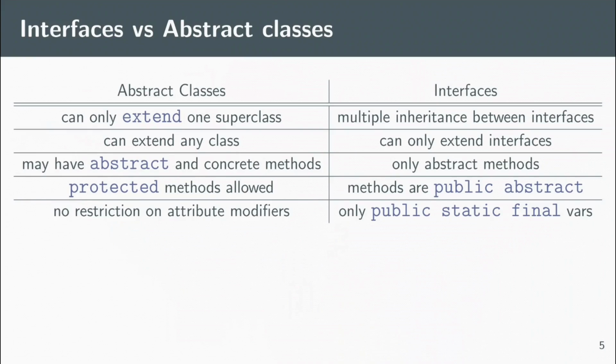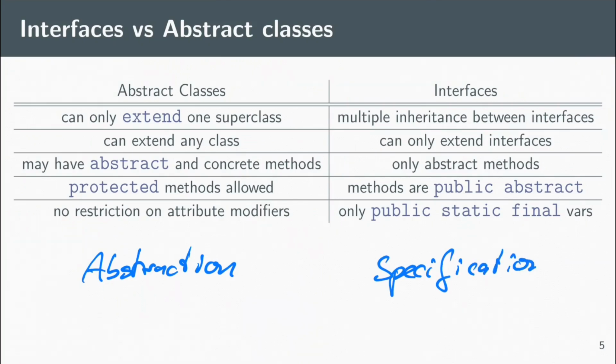Finally, in abstract classes, you have no restriction on the attribute modifiers, whereas in interfaces, you only have public, static, final variables or attributes. The crucial difference really is that the purpose of abstract classes is to provide some kind of abstraction when you're designing a type hierarchy or class hierarchies, whereas interfaces are intended to formalize, to specify the public-facing services in order to coordinate several groups of programmers or different parts of software.